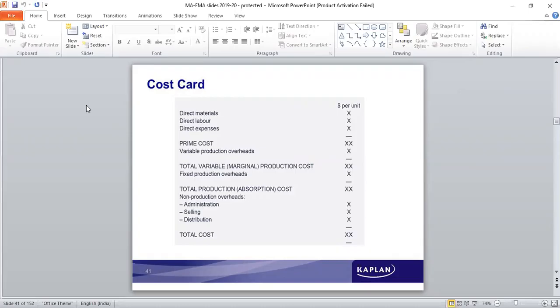All direct costs are first accounted: direct material, direct labor, direct expenses. So they are identified with a product. They are accumulated, they are accounted here as the cost of direct material. Material cost which is identified with the product. Labor cost identified with the product, expenses identified with the product. So they are all accounted.